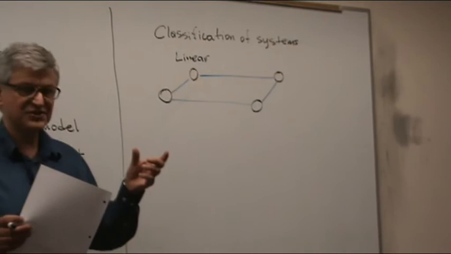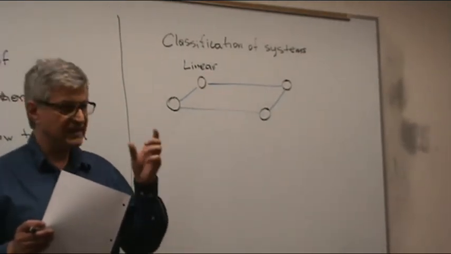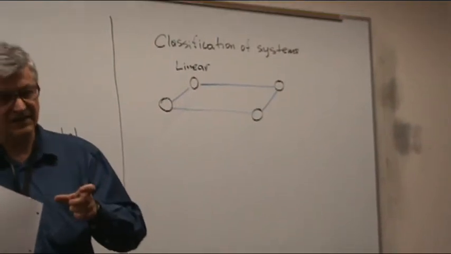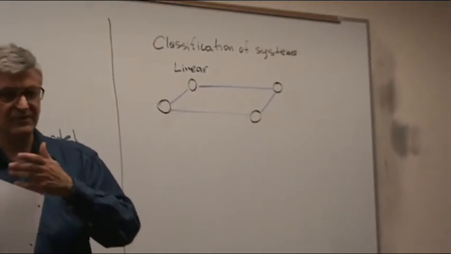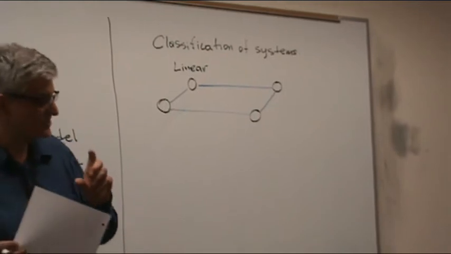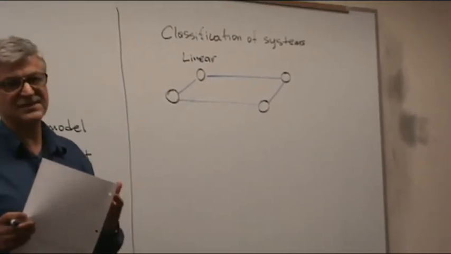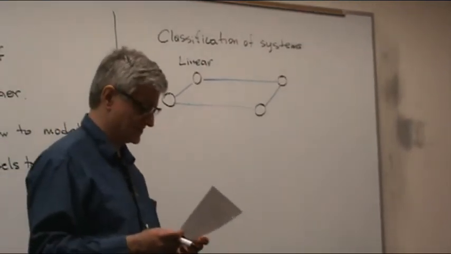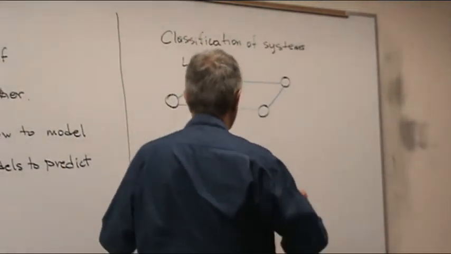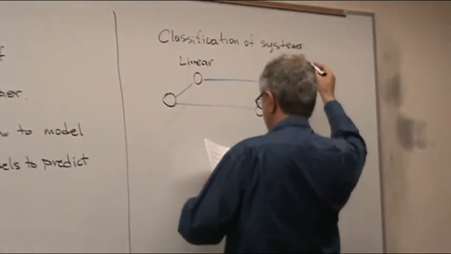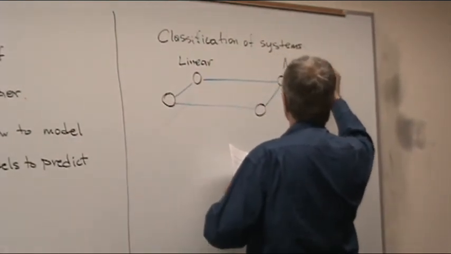So if x of t is an unknown, the equation may have x of t, the first derivative, the second derivative or higher derivatives, but it doesn't have squares or nonlinear functions like the sine of the unknown, sine of x. So one classification of the universe of systems is into linear and nonlinear.